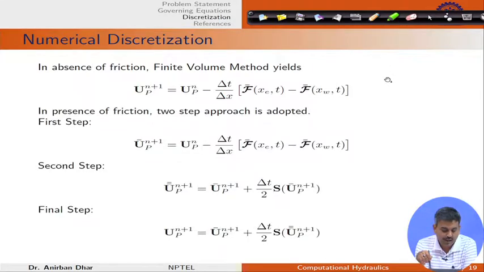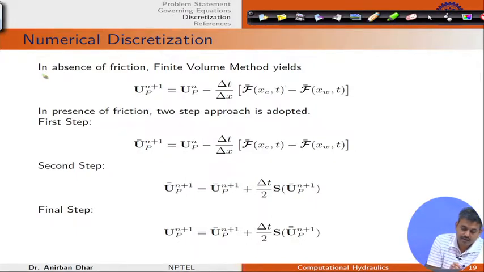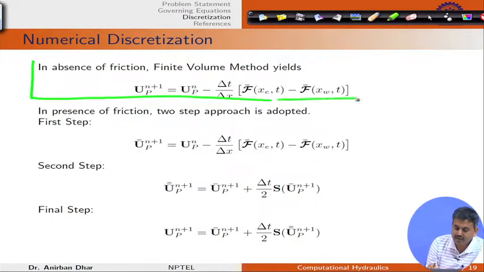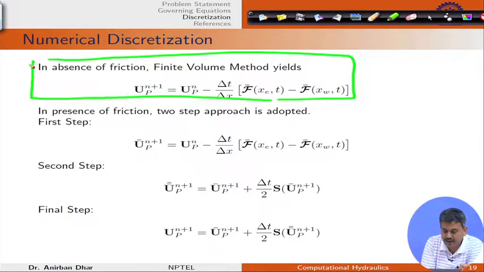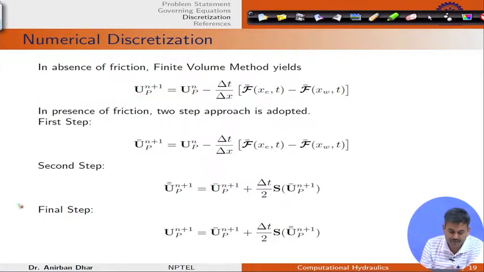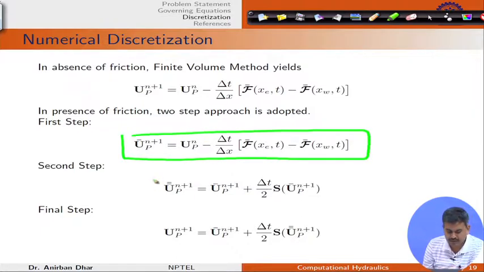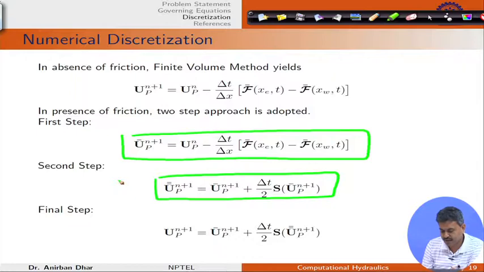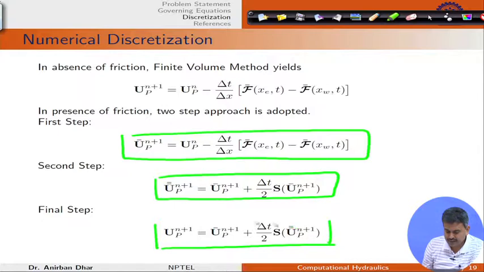The previous one was for the absence of friction, where we can directly calculate like this, but if we have a friction or sourcing term on the right hand side, the first step is without the sourcing term, the second step is with the sourcing term based on the first step, and the final step is the final calculation, which is again with the sourcing term there.